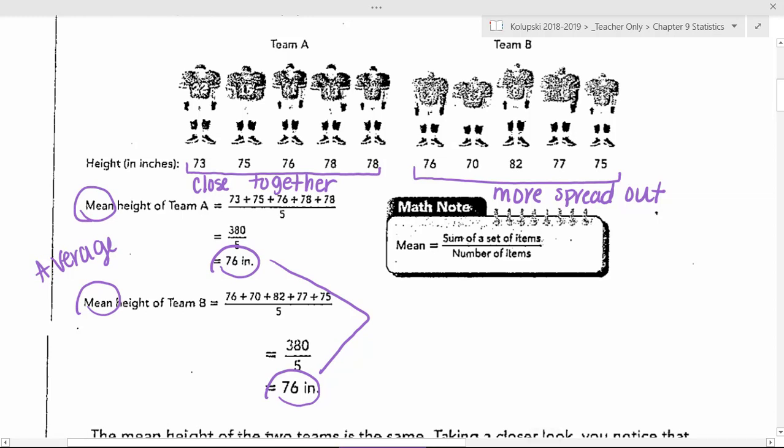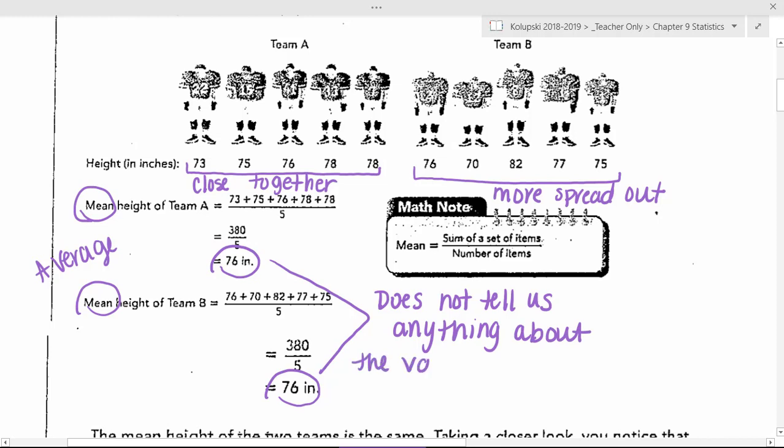So this measure of variation right here, the average, does not tell us enough information because it does not tell us anything about the variety. It doesn't tell me anything about how spread out this data is. So the average would not be a very good measure of variation because I didn't figure anything out.